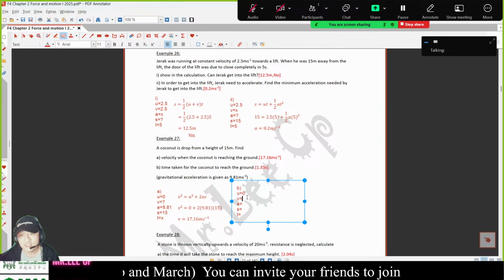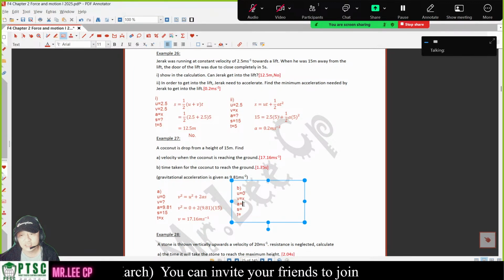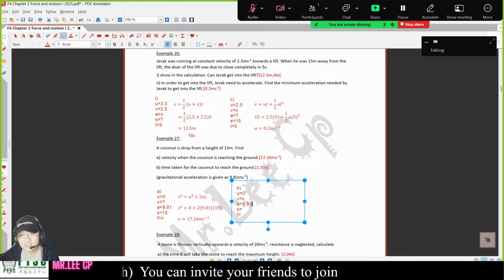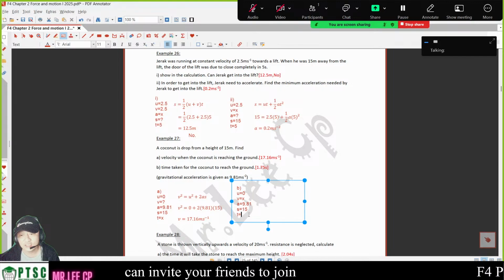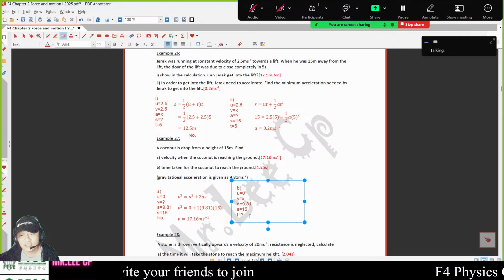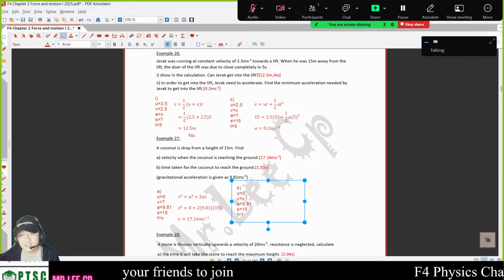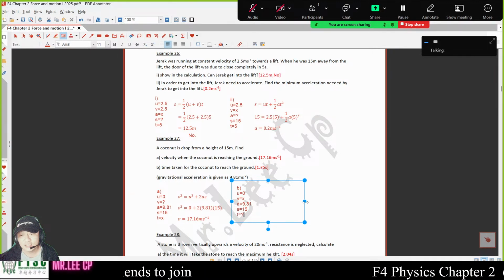V, I don't have it. A, 9.81. S is 15. T, the question mark, right? They ask you the time taken. So you don't have V. So UVAST, put it in.